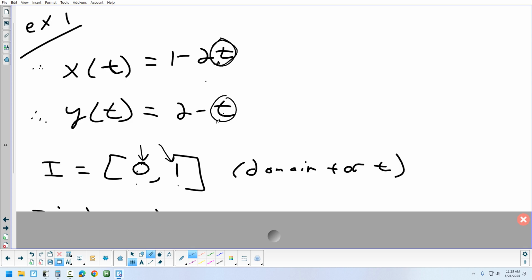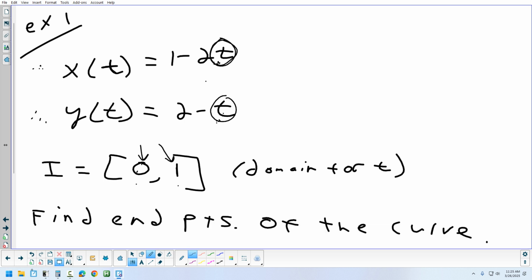Now, I am limited as to what I can plug in for t. I can only plug in numbers between 0 and 1. They want me to find the start and the stop point for this curve. And maybe it's not even curved. Maybe it's just a straight line segment. That's what they call it.